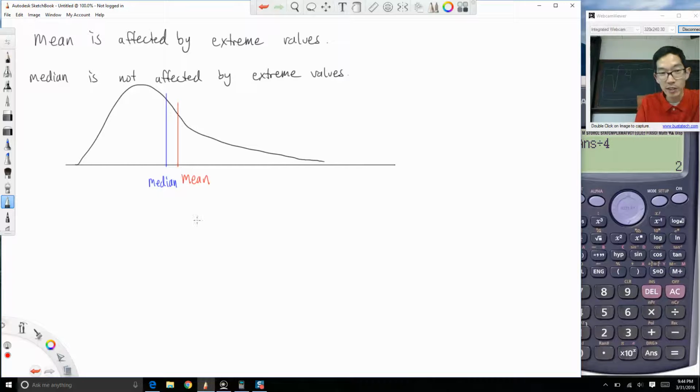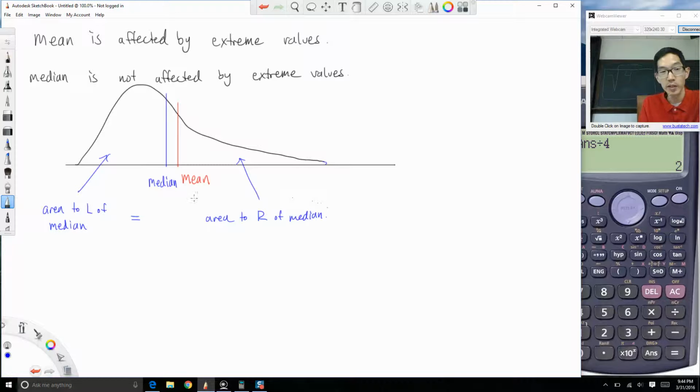What the median says is basically if you shaded the area to the left of the median and the area to the right of the median, they would both have the same area. So the area to the left of the median is equal to the area to the right of the median.